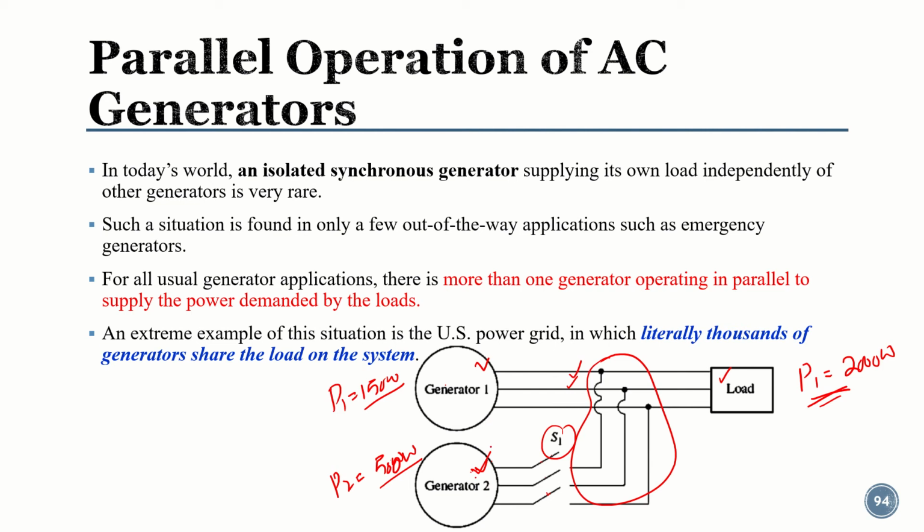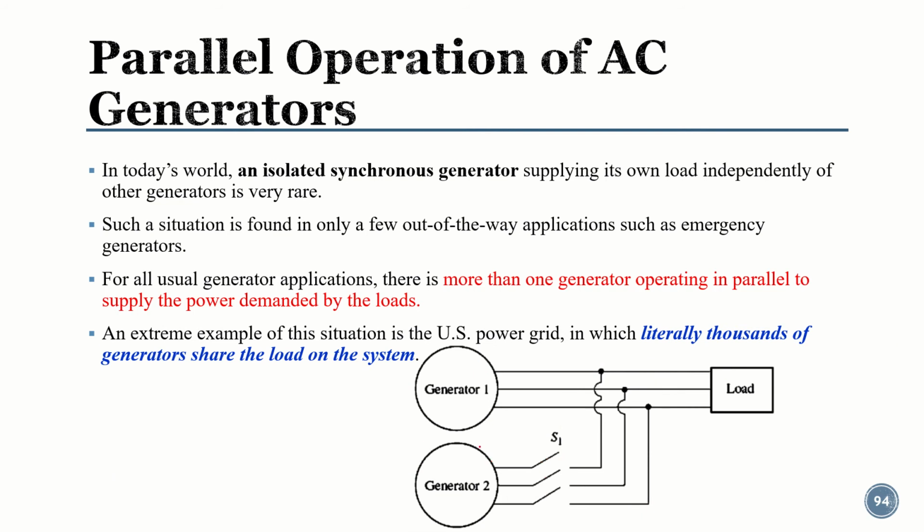Your system will be more reliable. For example, if one generator needs maintenance, you can remove that generator from the system and do the maintenance, and the rest of the generators will supply the required power. So these are the different advantages.